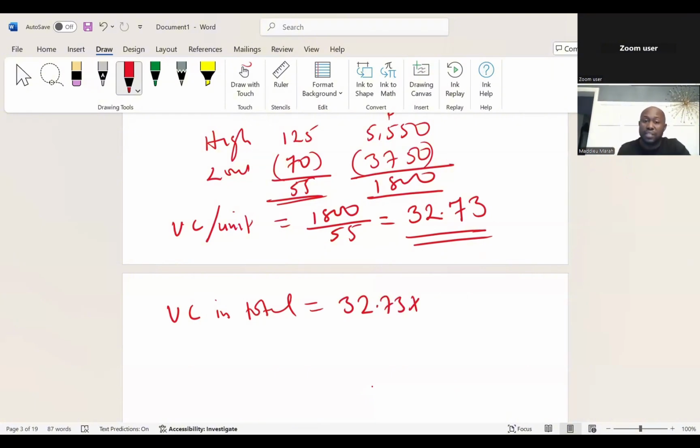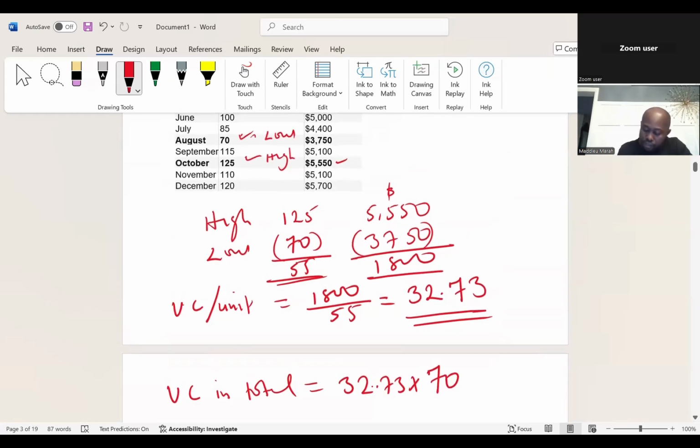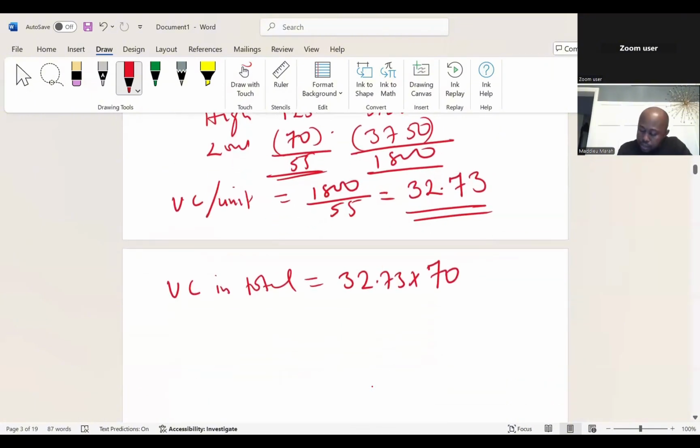What's the low activity? My low activity here is 70. Come from this table, look at 70, or from the question, 70. And this will give me 32.73 multiplied by 70. This will give me 2291.1. So 2291.